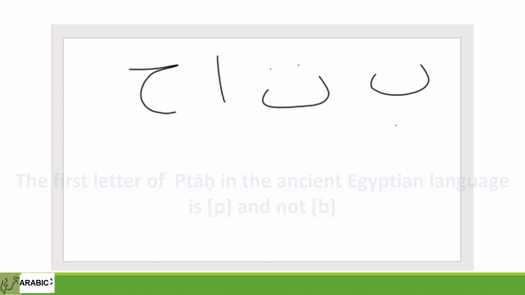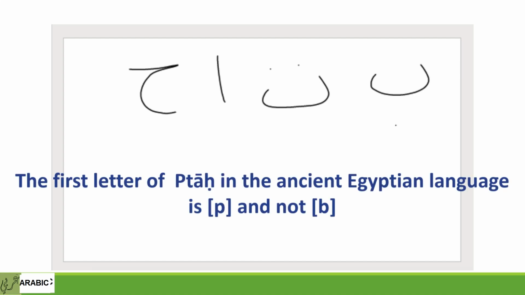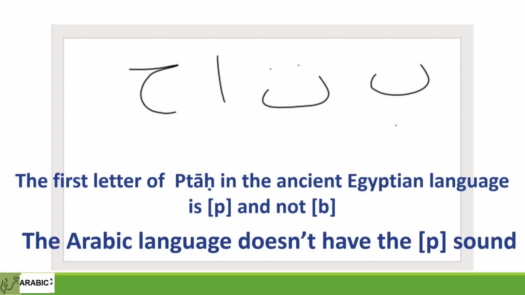Let's try and link more words with be, te, and the. And let's link this word: be, te, alif, ha, bitah. This is a name from ancient Egypt, bitah.